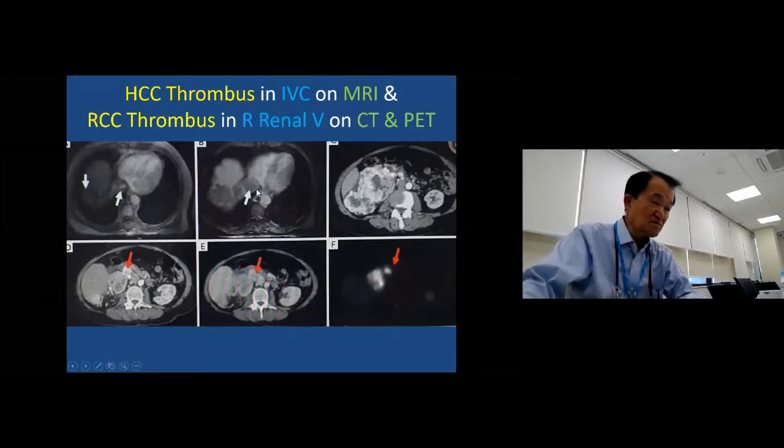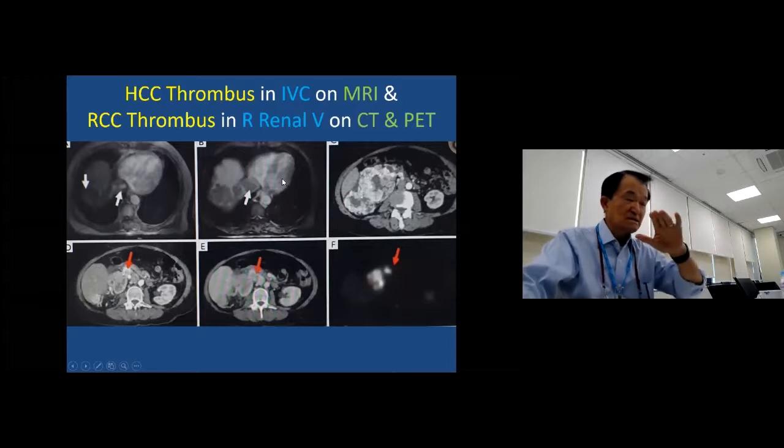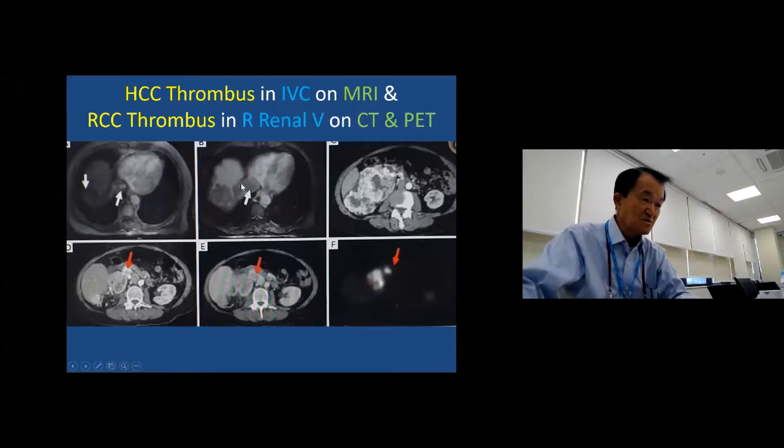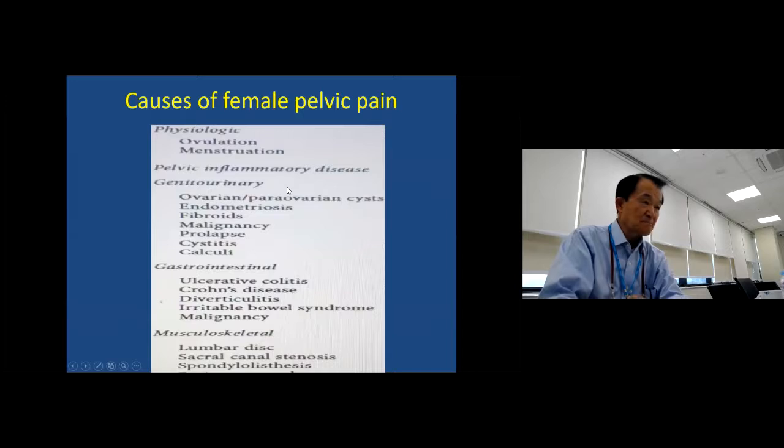If you follow the transaxial images you can see this, but coronal and sagittal reconstruction can easily show the whole vascular thrombosis.